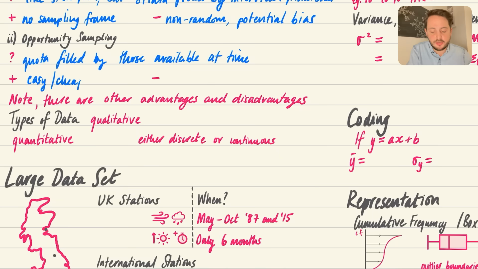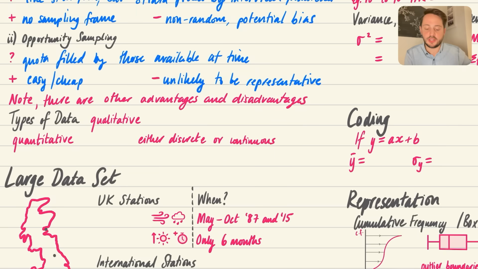It's also pretty cheap. You could probably just do this in your school, just go up to people and ask them some things. But the disadvantage is that it's unlikely to be representative. You may end up getting a particular type of person if you're stood at a particular type of supermarket, for example. And I've written here, note, there are other advantages and disadvantages. I've just picked one of each to try and minimize the amount of things that you need to memorize.